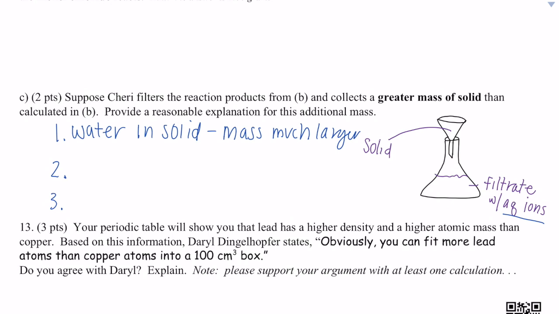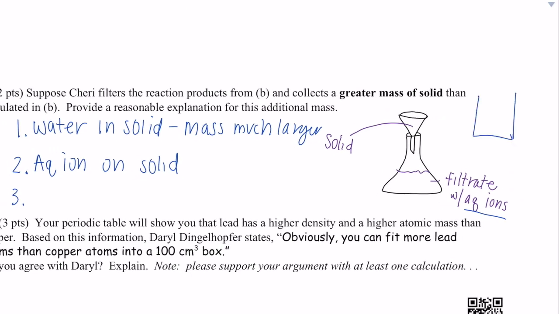Another reason could be aqueous ions on the solid. When you filtered the solution, you had solid in the same beaker with the ions. So they're just kind of floating around with the ions. And much like when you go to the beach, when you get out of the ocean, you've got aqueous salt ions on your skin.